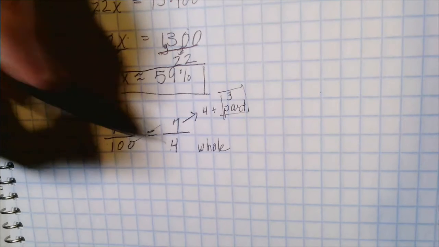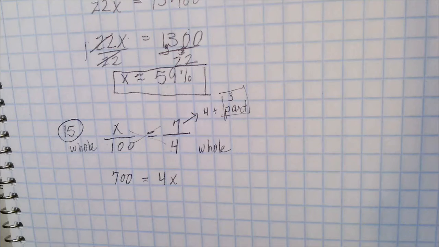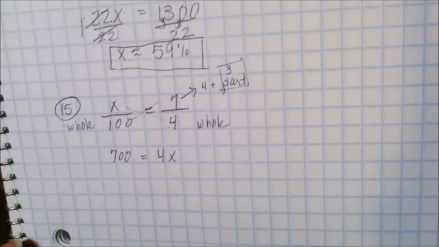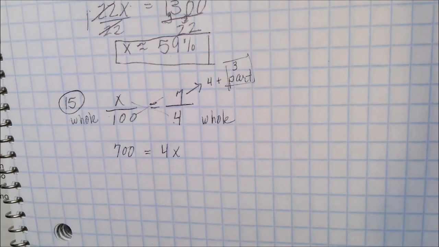So I'm going to cross multiply. 700 equals 4x.